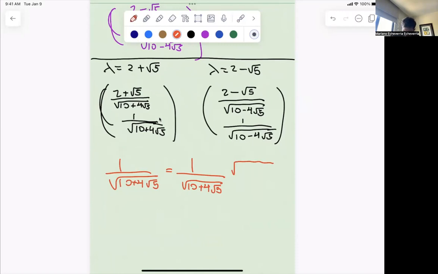Let's see if I can do this. I'm just trying to make it look better. Okay.